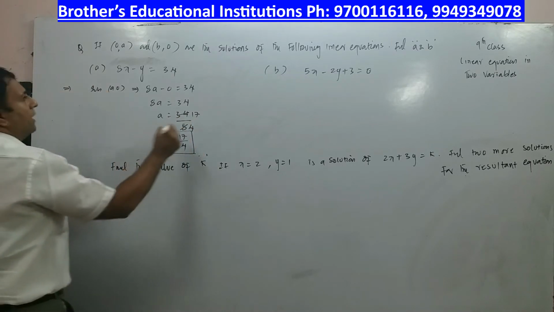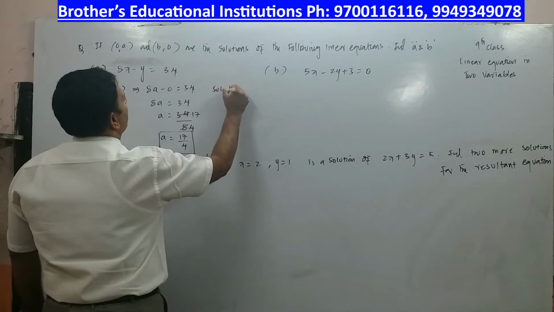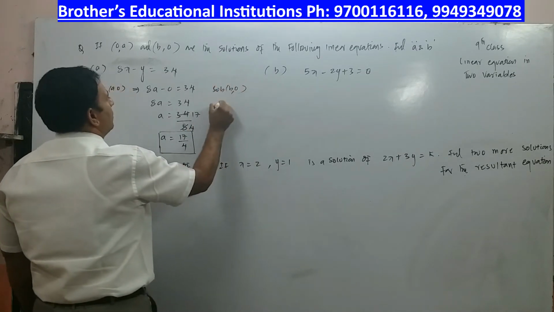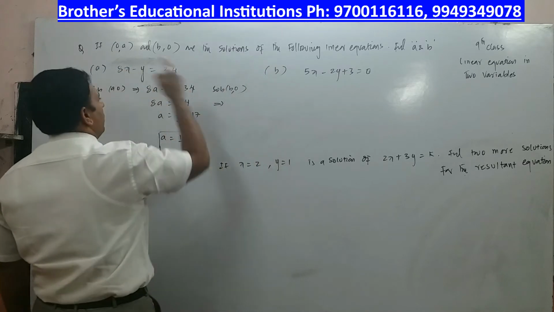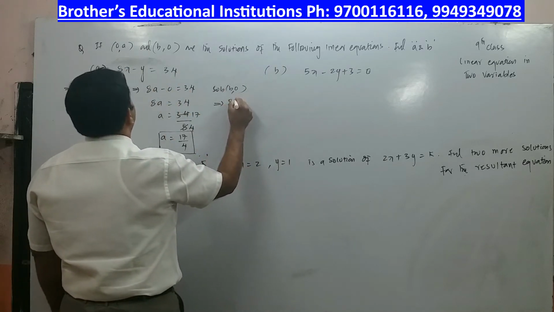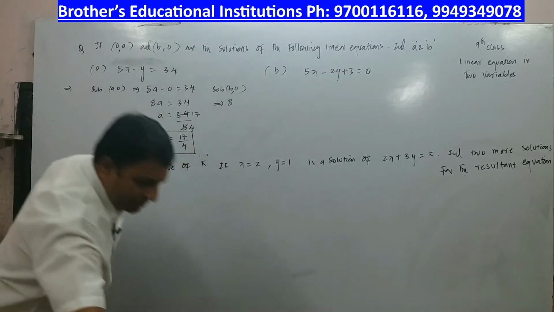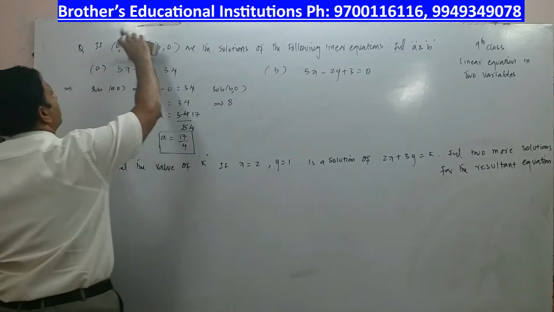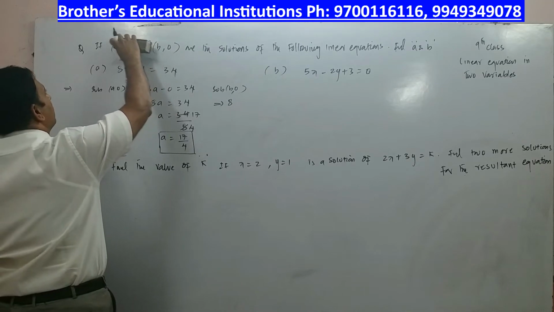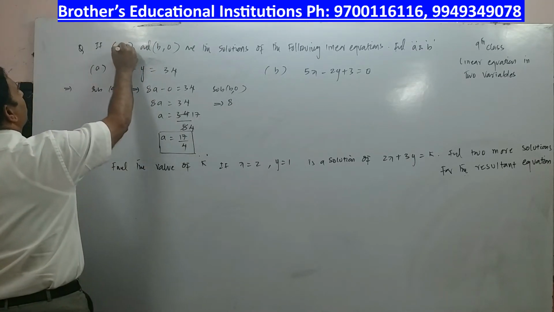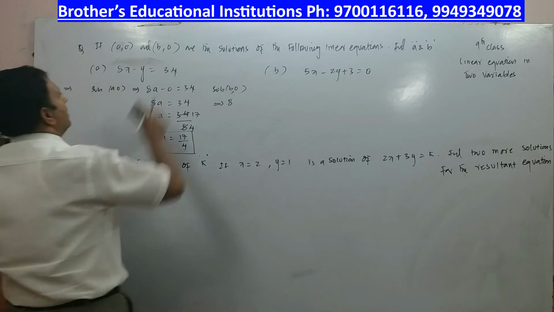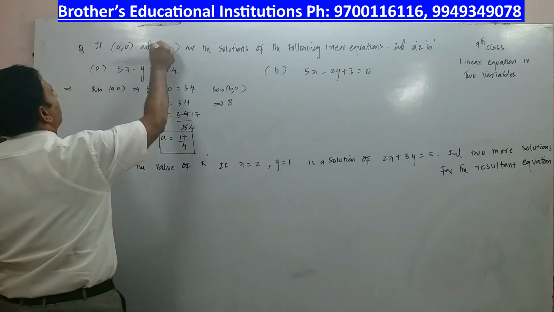Alright, next I will substitute b comma 0. I made a mistake, right? It is a comma 0, and it is 0 comma b.